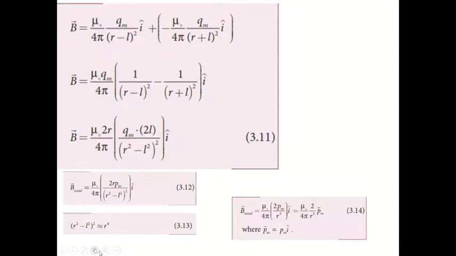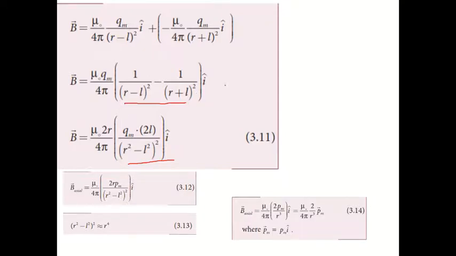Suppose you didn't understand this particular step, I am going to repeat it again. Okay, suppose you didn't understand, please listen. Here in this step we have 1 by (r minus l) square minus 1 by (r plus l) square.